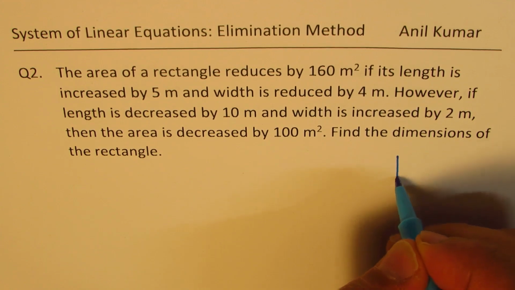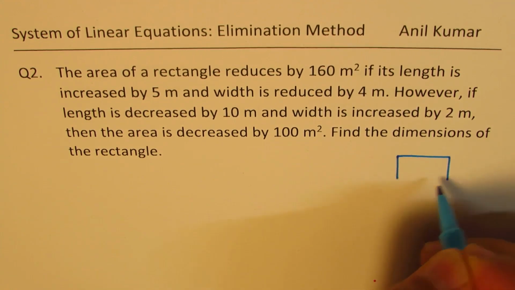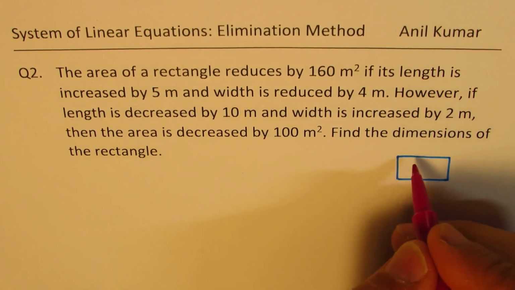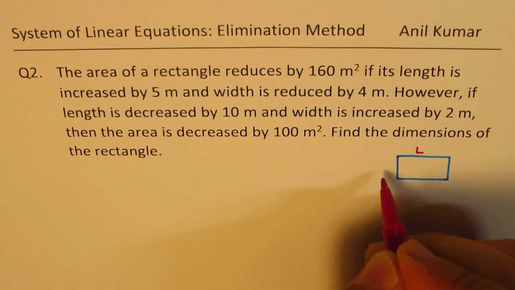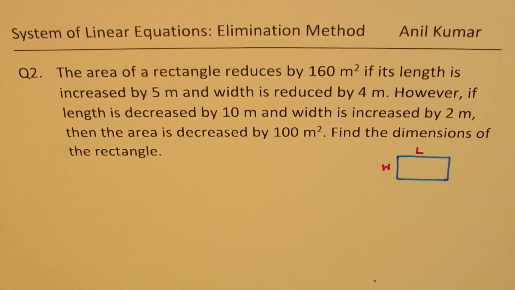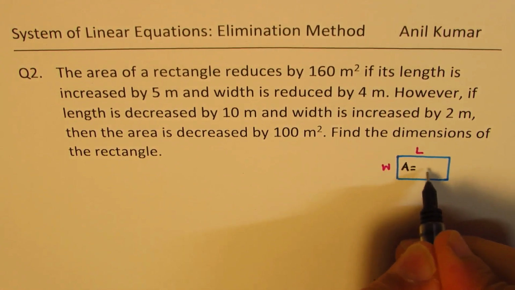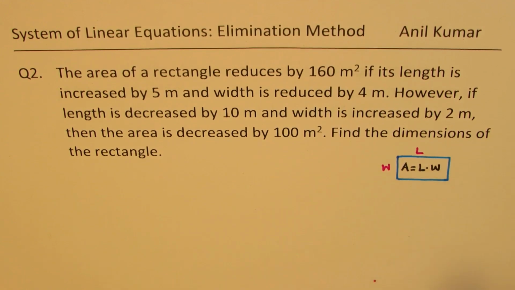So let's begin with the rectangle, where let us say the length is L and width is W, right? So in that case, the area is equal to length times width, right? So that is given to us.